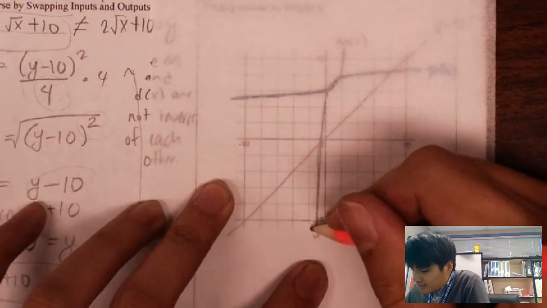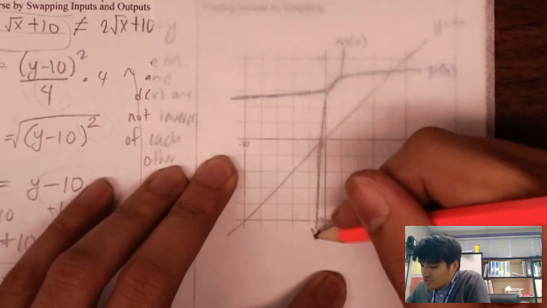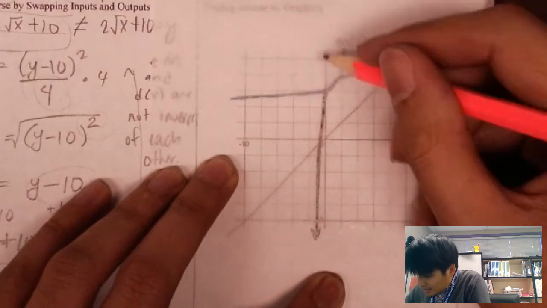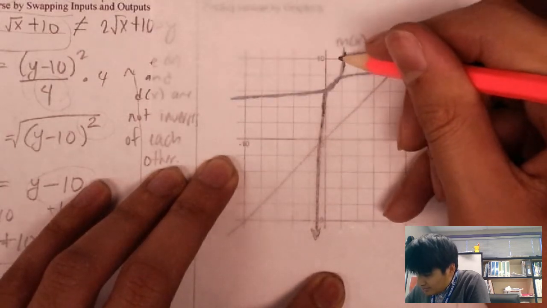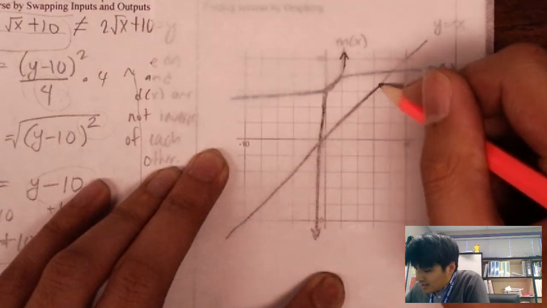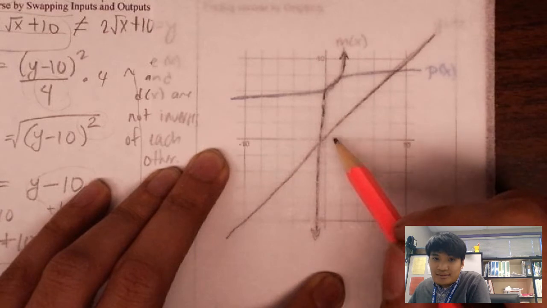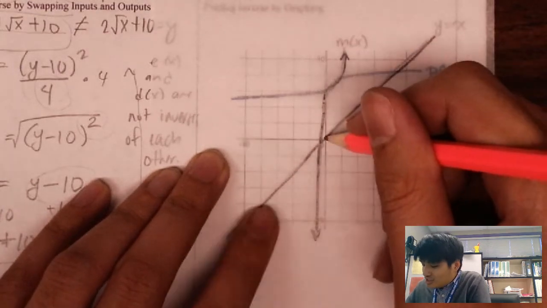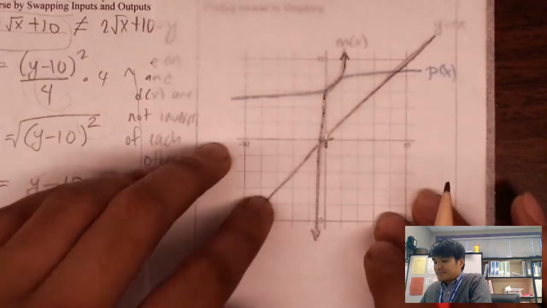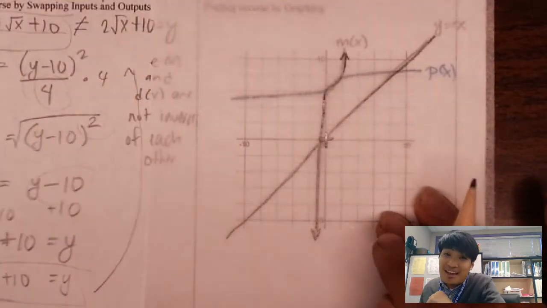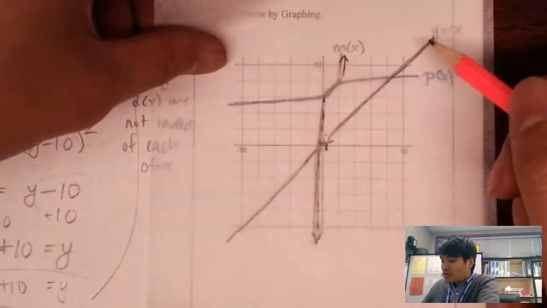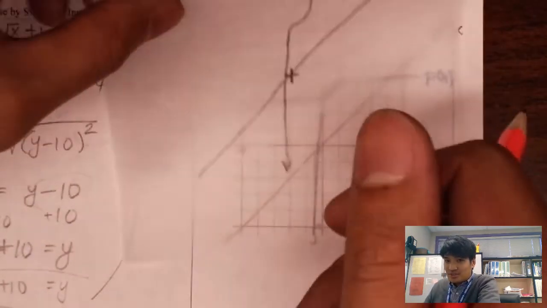I'm going to trace m of x, and we're going to see what the actual inverse is. So I have my equation, I have my line of symmetry. I'm also going to do this little plus right here. Now remember, math magic's time. We're going to reflect over this y equals x. So I'm going to flip this over.